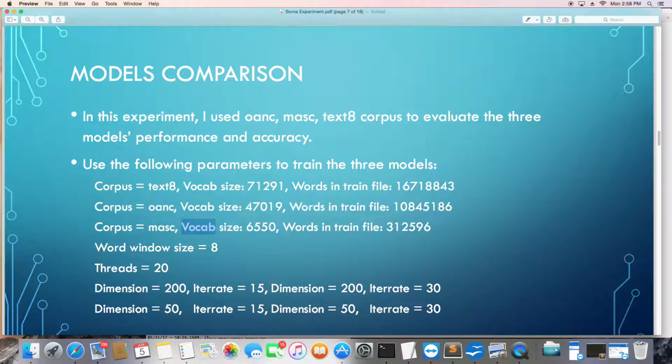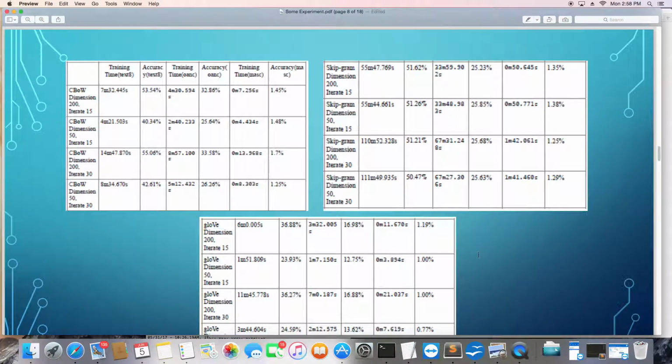I use the word window size equals 8, the training threads equals 20, and I use the dimensions and the iterate parameters like this: 200 and 15, 200 and 30, 50 and 15, 50 and 30. I put the result in this table.